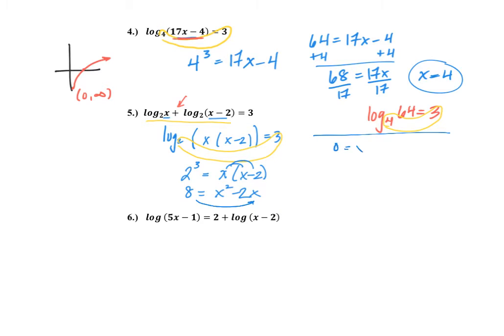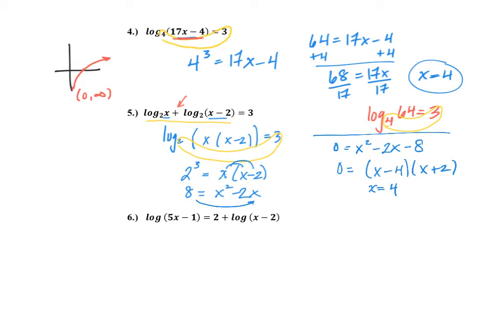I have x squared minus 2x minus 8. And I can factor that trinomial. I know you guys are great factors. So that would be x minus 4 and x plus 2. And that's going to leave me with two solutions. The first one is going to be 4, and the second one is going to be 2.